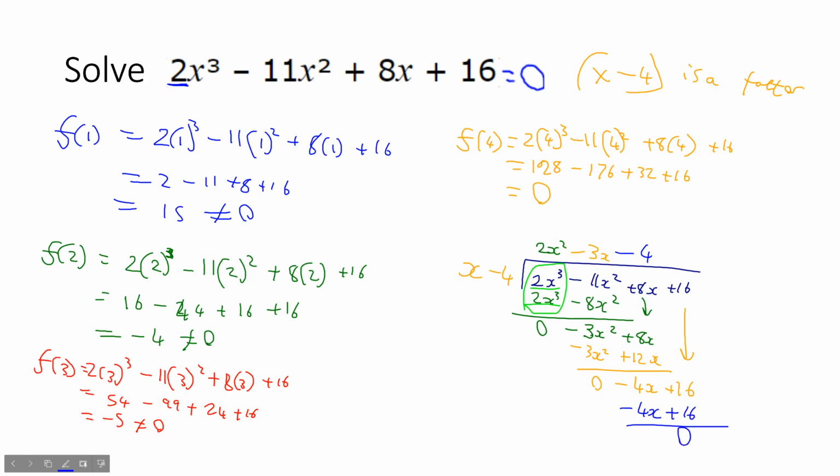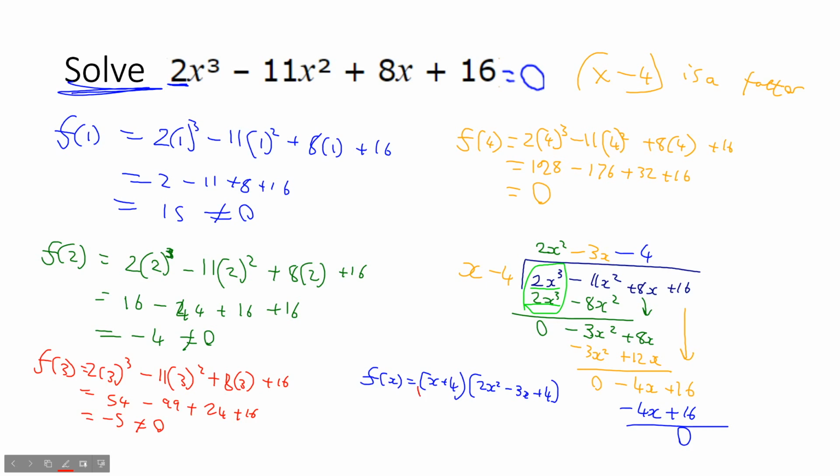And because it's equal to 0, we can say that f of x is equal to x minus 4 and 2x squared minus 3x plus 4. However, from here, we're told to solve, which means we need to know what the x's are.